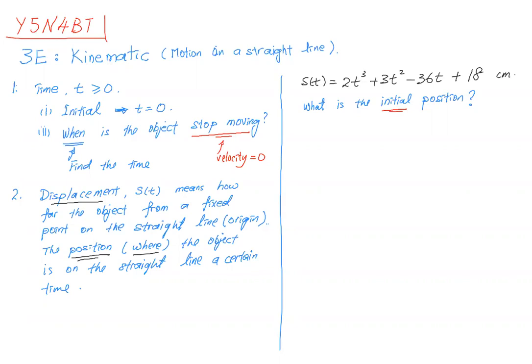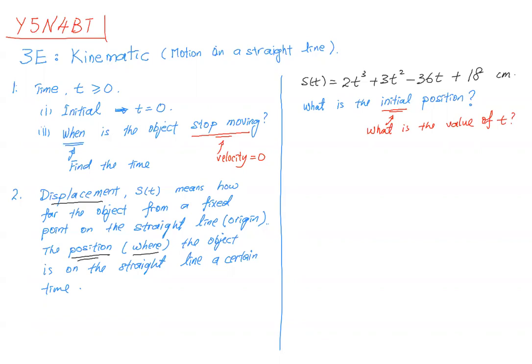What is the value of t when I have the initial? T is time. 0. So that is the meaning of initial.